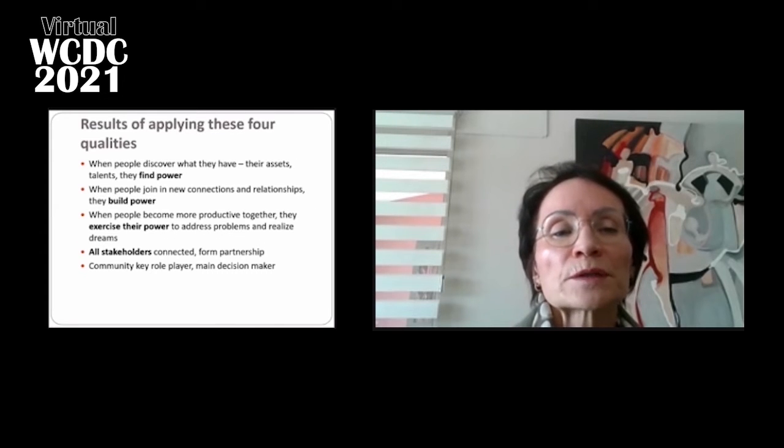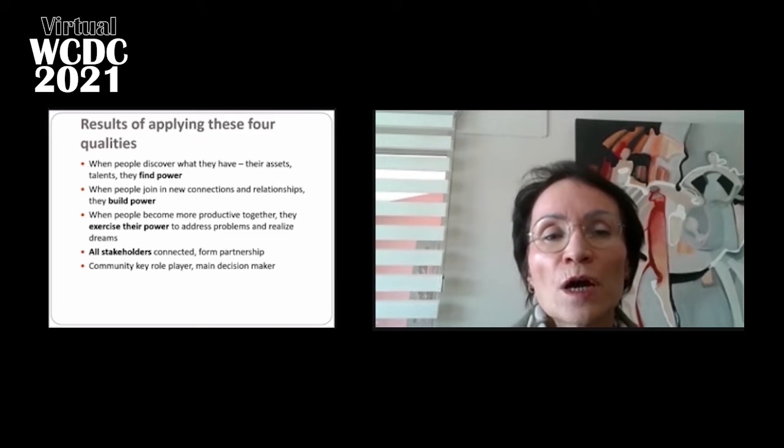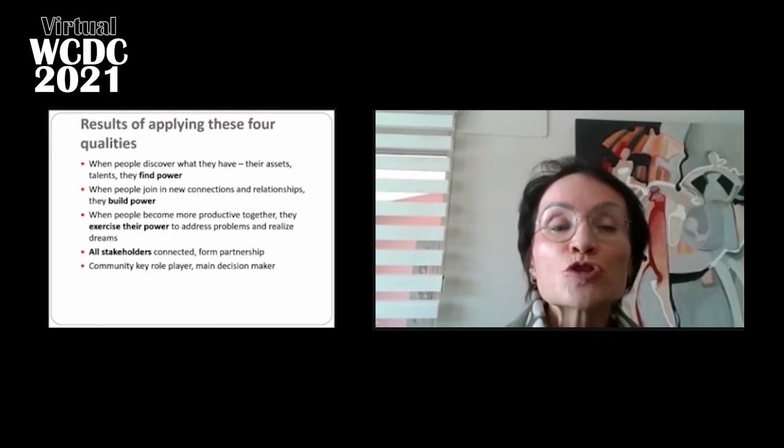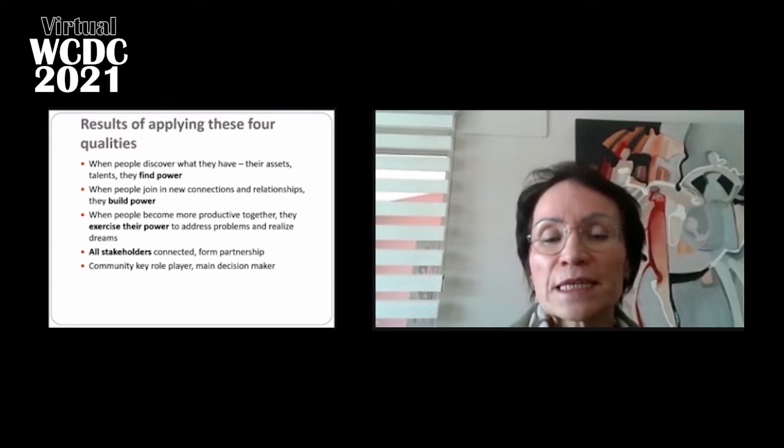When people discover what their assets are, they find power in themselves. They realize we have power because we can do something. We do have assets, we do have talents, we do have something in the community, we do have different kinds of assets. And when people join in new connections and relationships, they build power.